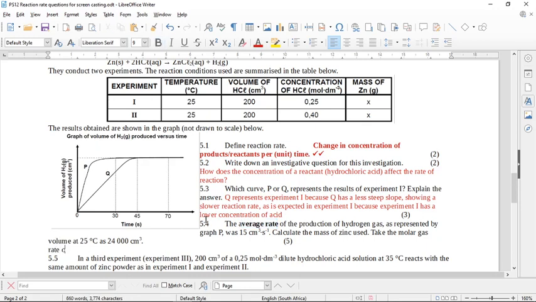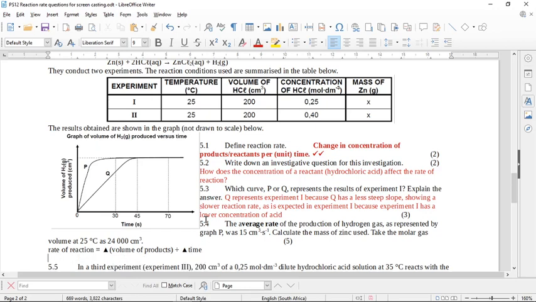So rate of reaction is equal to the change in concentration or the change in volume. You don't actually have to put concentration, it's the change in volume of the products, over, and I'm using divide for over, the change in time.